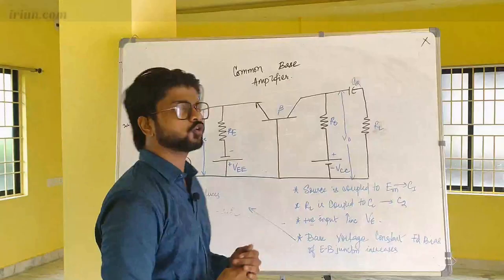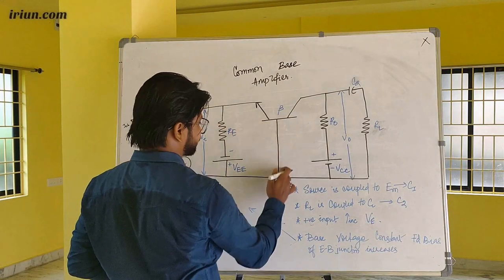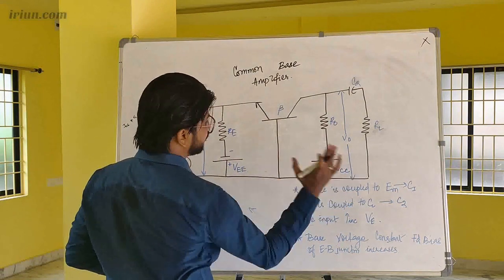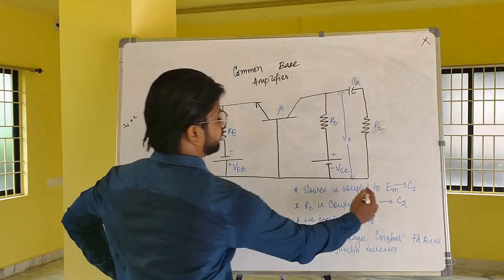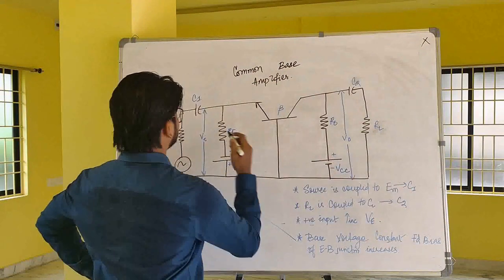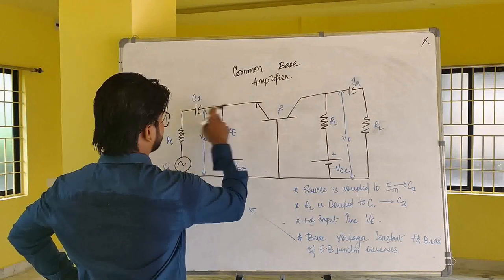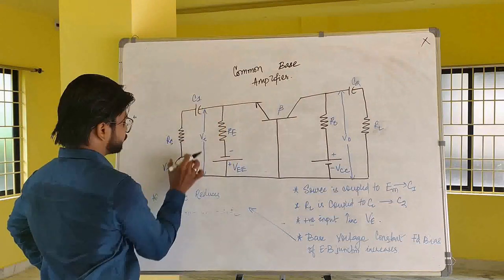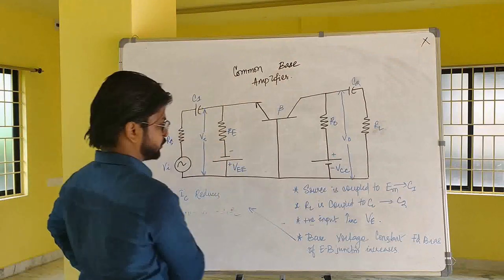Moving on to the common base amplifier. In the common base amplifier, the base is common to the input as well as the output. Here the source is coupled to the emitter through C1. The source voltage and the emitter voltage are coupled with each other.